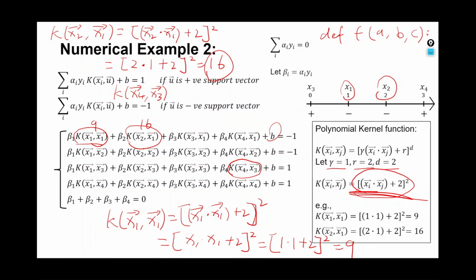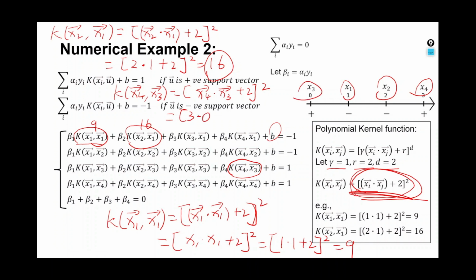Okay, let me get rid of this to give me some space. Apply this formula again. It's x4 dot x3 plus 2 squared. x4 is 3, x3 is 0.